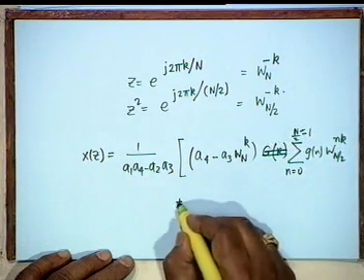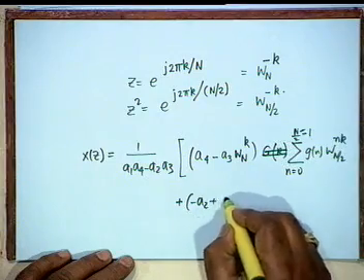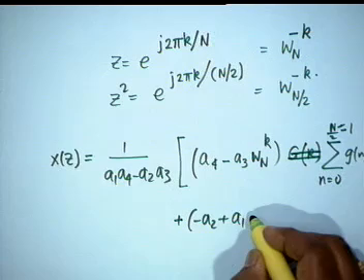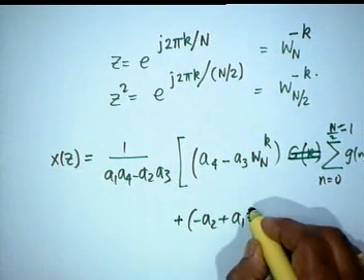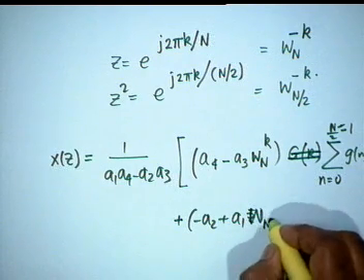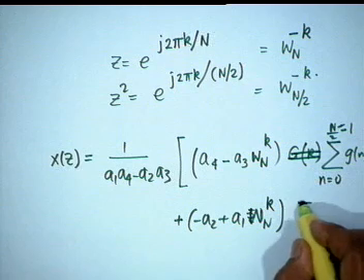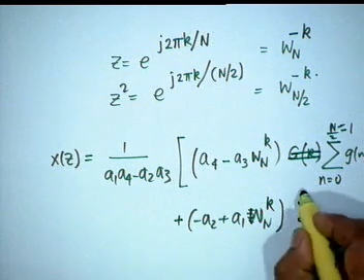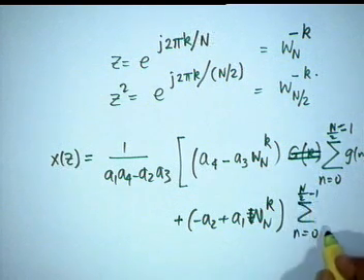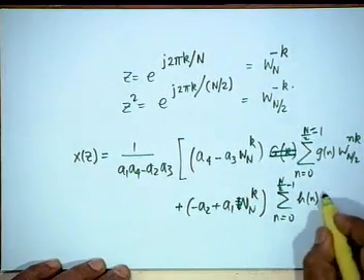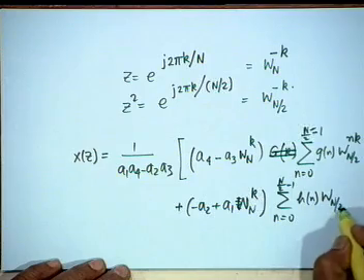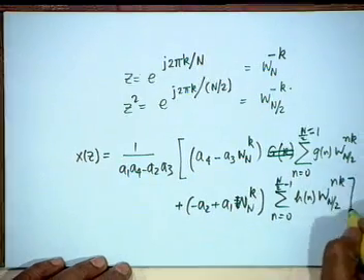Then the second term, plus minus A2 plus A1 z inverse, not z inverse, W n raised to the power k, summation n equal to 0 to n by 2 minus 1 h of n W n by 2 to the power n k.